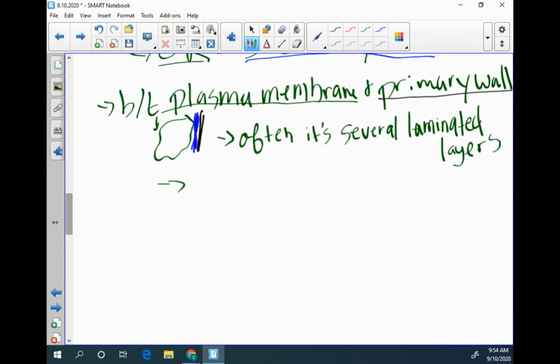It is strong and durable. That offers cells support.